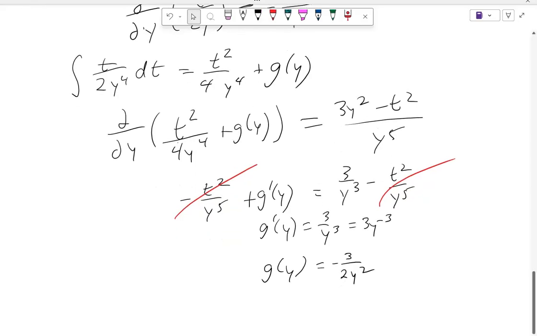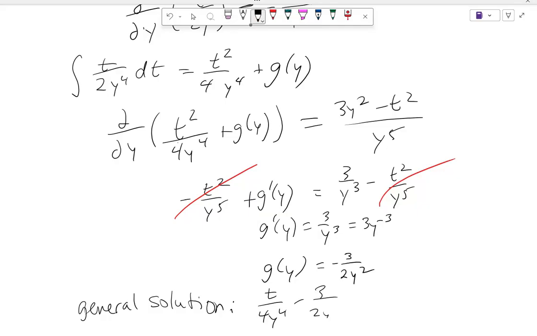So if we want to write our general solution, then what does our general solution look like? Good. Equals C. Good. Wonderful.